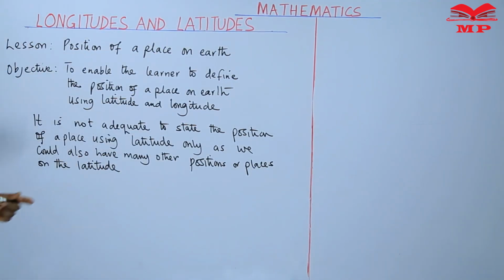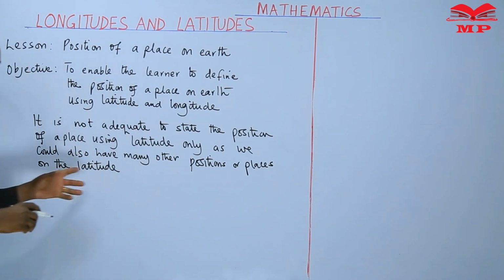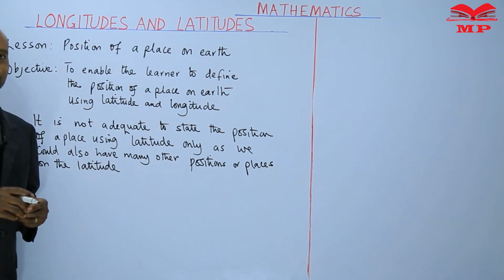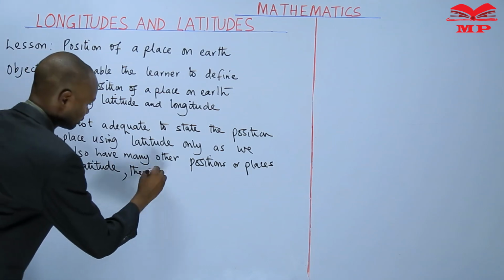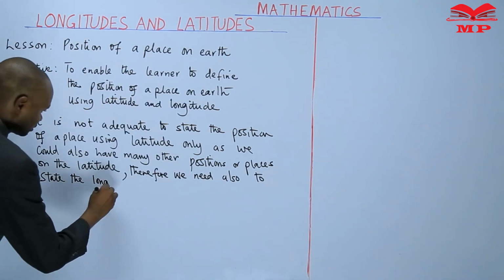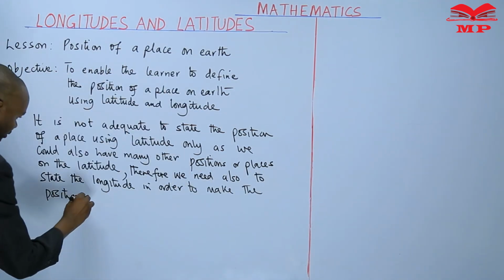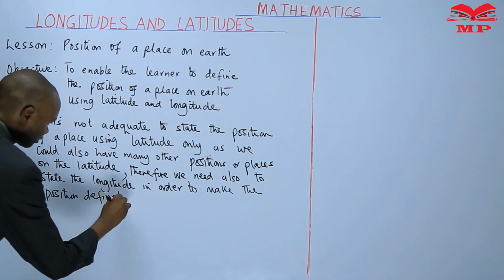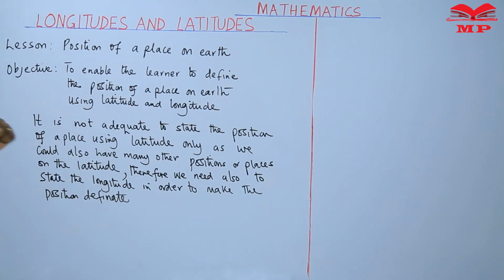So just to reiterate, it is not adequate to state the position of a place using latitude only, as we could also have many other positions or places on the same latitude. Therefore, we shall get a definite position.